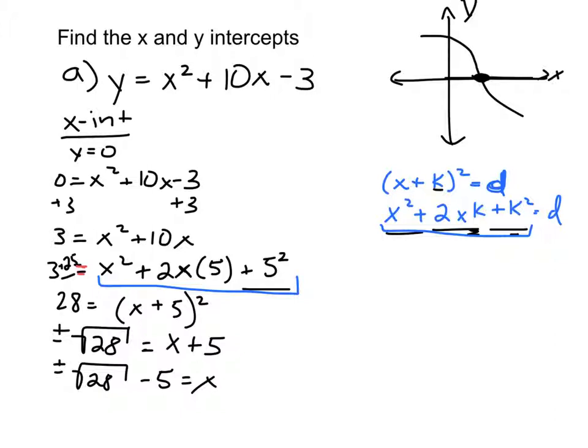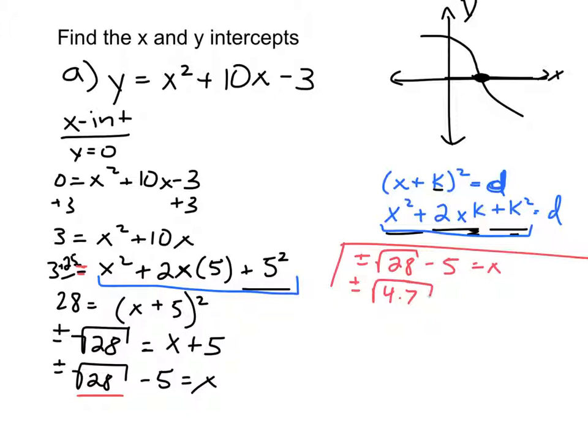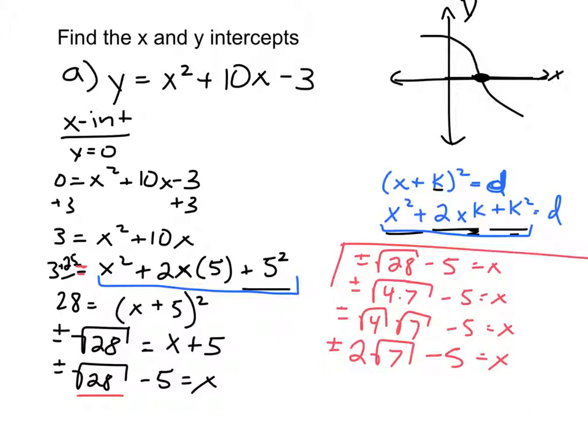The square root of 28 is the same thing as the square root of 4 times 7, since 28 is 4 times 7. So I can break this out as plus or minus the square root of 4 times the square root of 7, minus 5. This is the same thing as x equals plus or minus 2 square root of 7, minus 5.